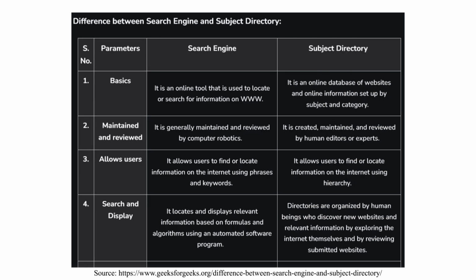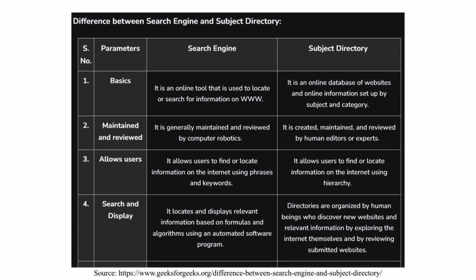The basic difference is that a search engine is an online tool that is used to locate or search for information on the World Wide Web, whereas a subject directory, or subject gateway, is an online database of websites and online information sorted by subject and categories.